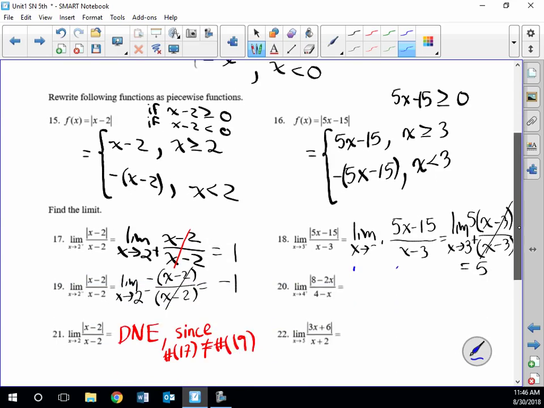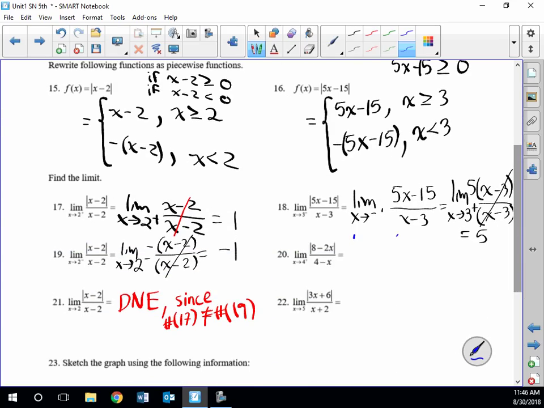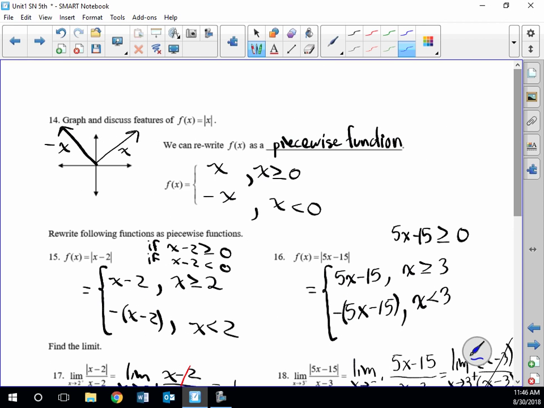If you break this up into its pieces, so I'll write it, 8 minus 2x, and we break it up into the two pieces. We have 8 minus 2x. It's going to be positive when the inside is positive. So let's take the inside and make it positive.